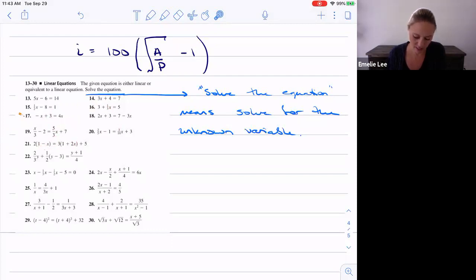I'd have to solve for x, solve for y if there's a y instead, it doesn't matter. We can even have t's and sometimes we have s's. Just depends on what we're talking about, right? So if you have to solve the equation, it sounds cryptic, but really you're just solving for that unknown variable. Okay. So let's see here.